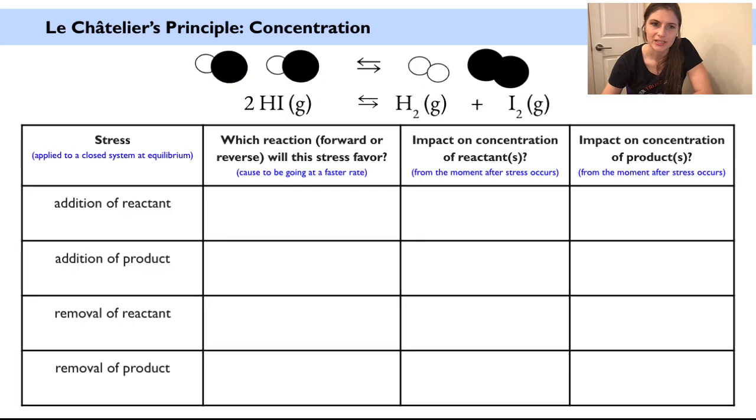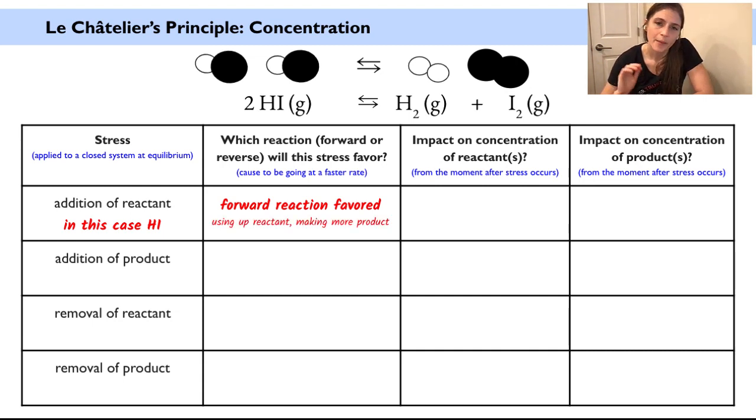Going back to our summary table, if I'm favoring the forward reaction, that means that from the moment that the stress is applied, I am using up reactant faster than I am making product, because I added some more reactant and that caused the forward reaction, reactant turning into product, to be favored.